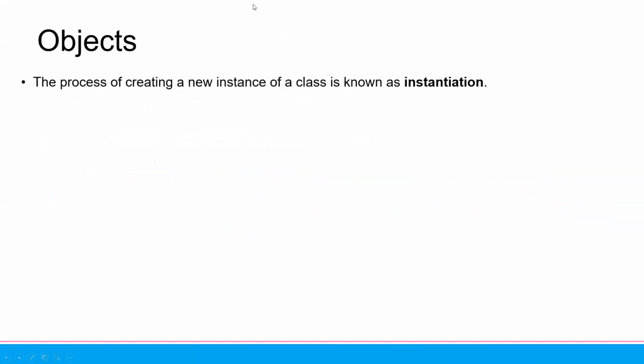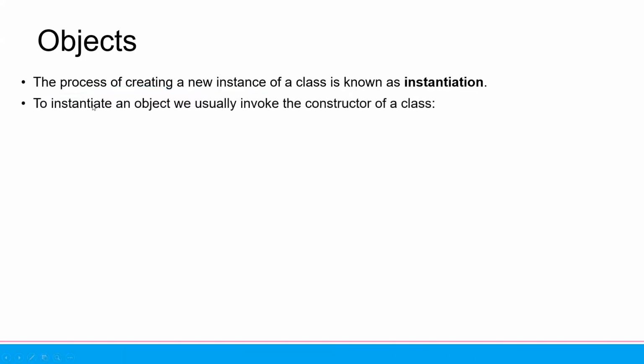So the object is a process to create a new instance. I will explain in another section about object-oriented programming, but in Python, there are some built-in classes to create an instance. We call this instantiation. To instantiate an object, we usually invoke the constructor of a class.